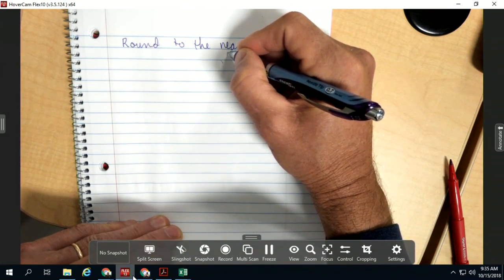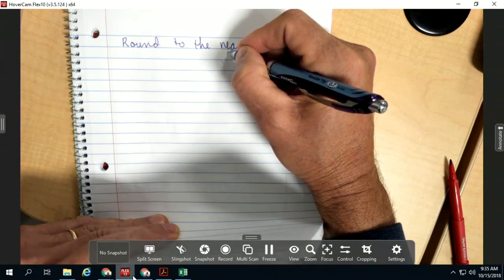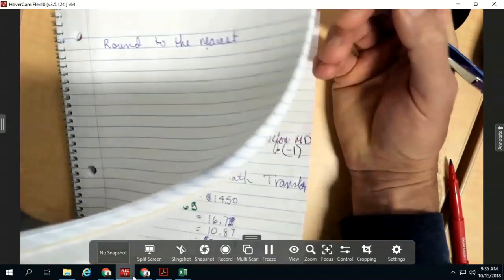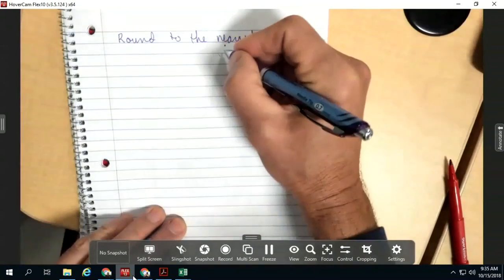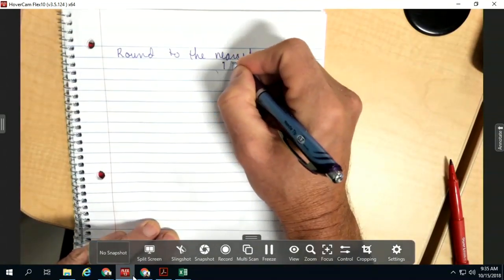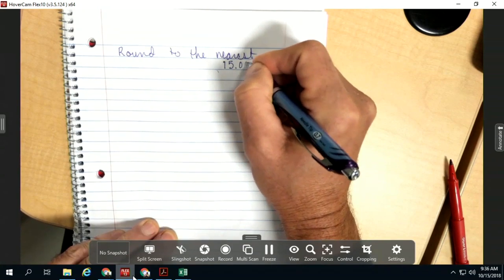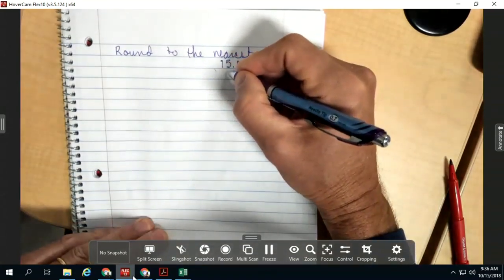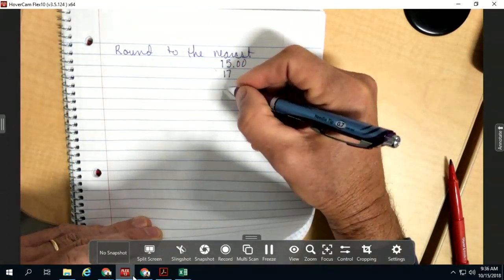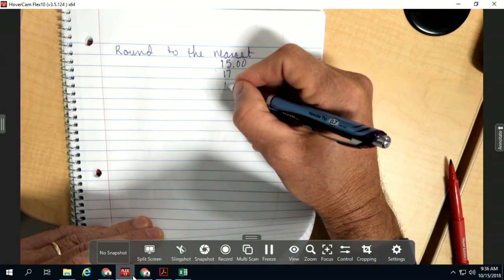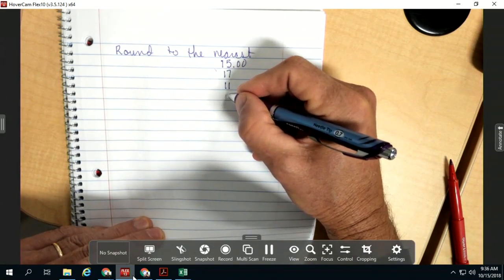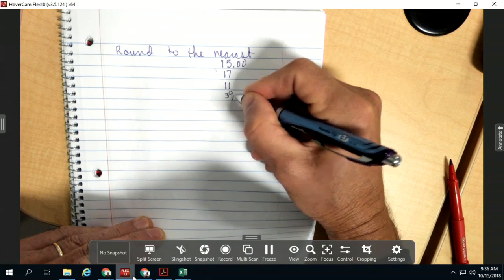Oh, nobody remembers what the first one was? The very first one was 14.50. So what would we round that one to? $15. Do that. Next one. $17. Next one. 11.39, 59.